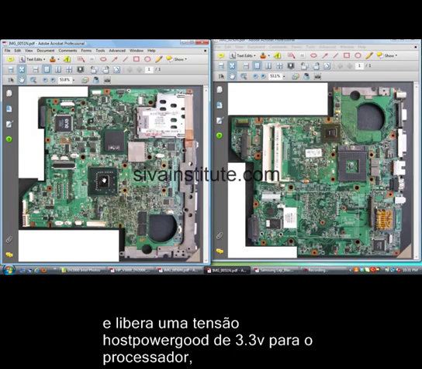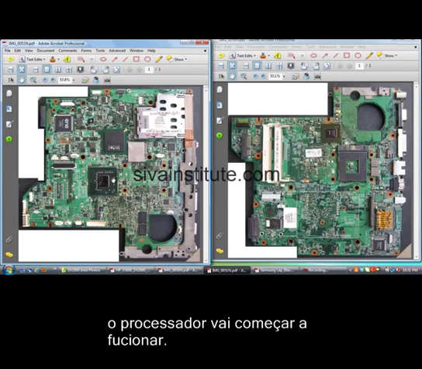When this IC is okay, when this PCI reset or PLT reset 3.3 volts is received by this IC, it starts its function. Then when this IC is good, it releases H power good, that means host power good voltage 3.3 volts, to the CPU. CPU will start its function.